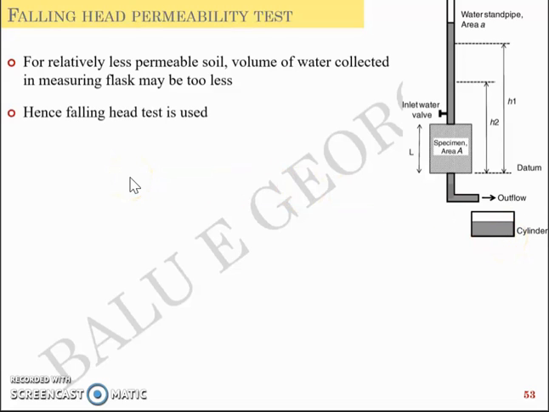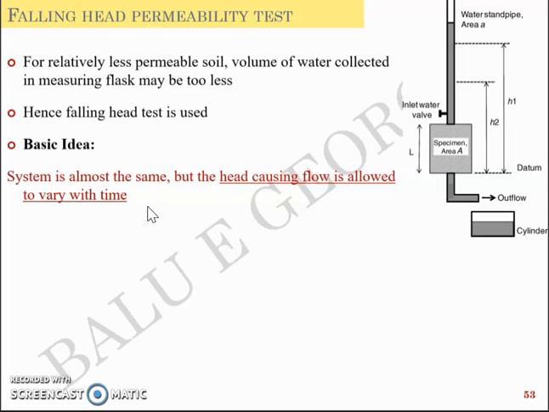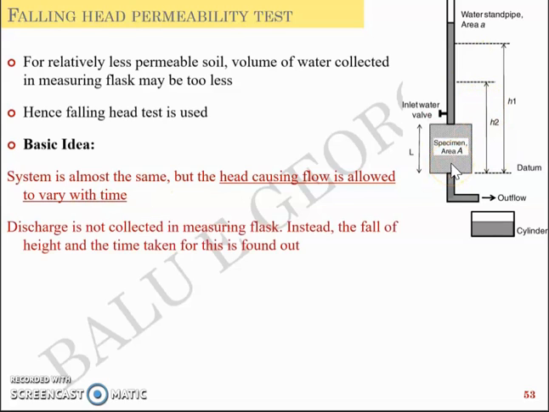Hence, in this test, the basic ideas are: the system is very similar to the constant head test, but the head causing flow is allowed to vary with time. Second difference is that the discharge is not collected in a measuring flask. Instead, the fall of height and the time taken for this fall in height is measured.